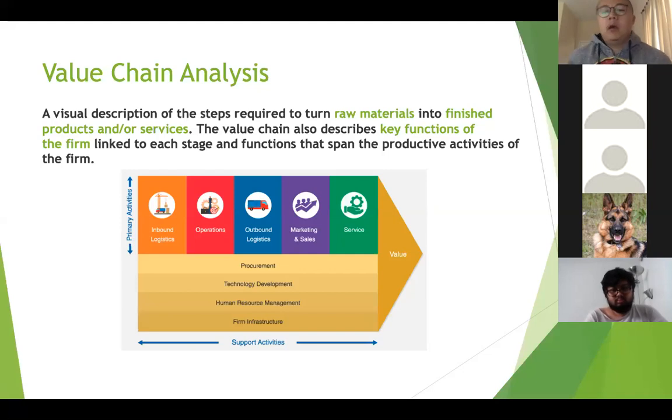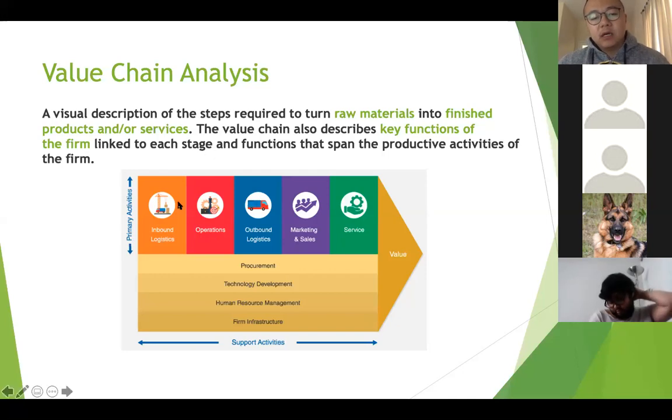I want to mention that the primary activities are the activities a company can't leave out.